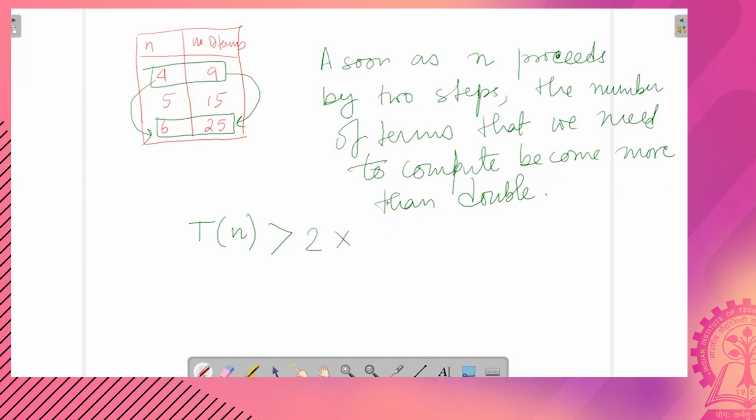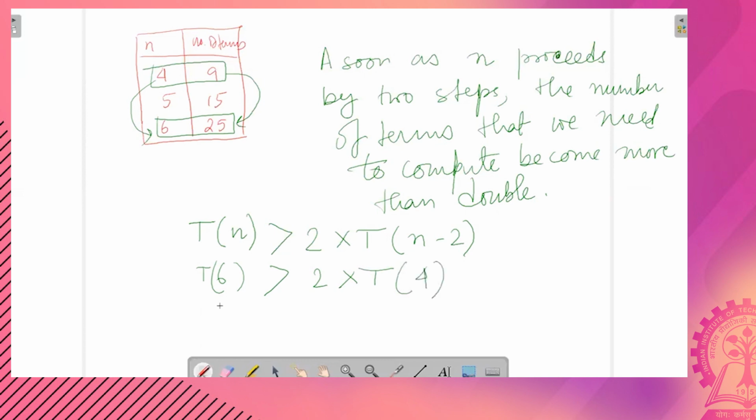should be larger than twice the number of terms computed 2 steps before. So this is basically as we have seen. T6 is larger than 2 into T4.